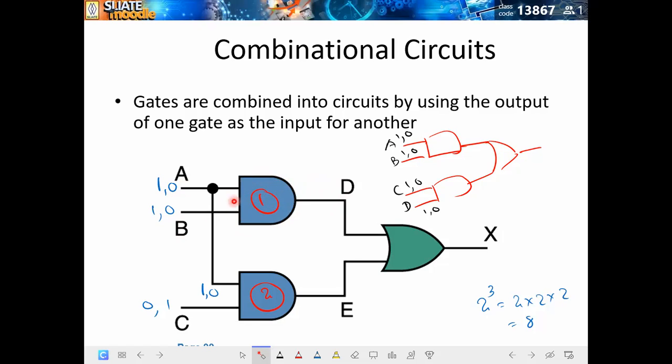You know the behavior of an AND gate. That means only when both A and B have the condition 1, the output becomes 1. In other words, when both A and B are true, the output becomes true. Otherwise it's false.